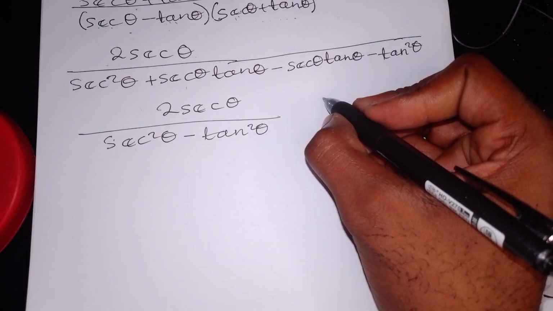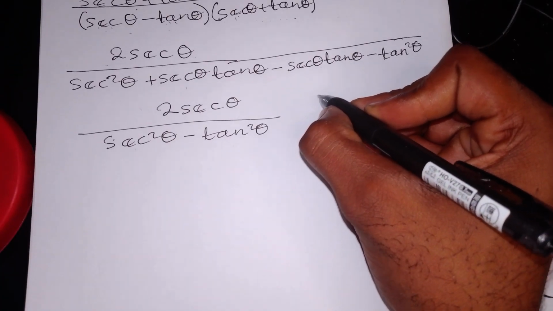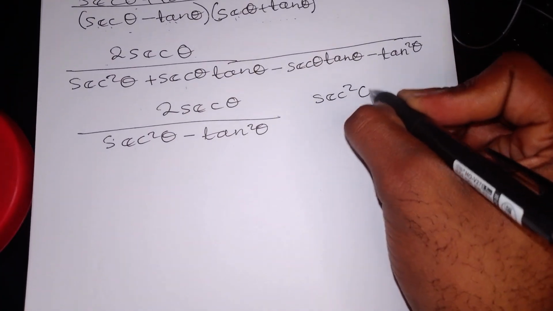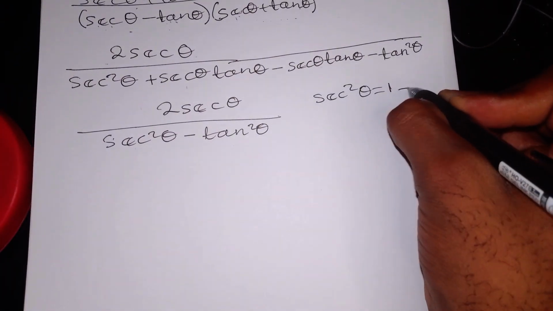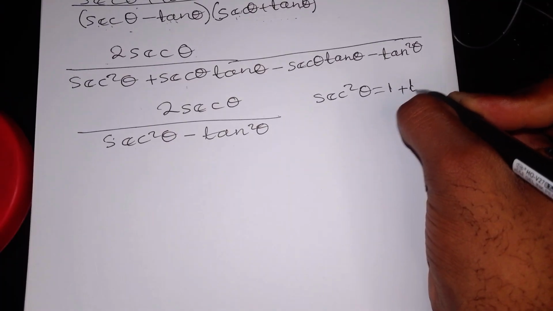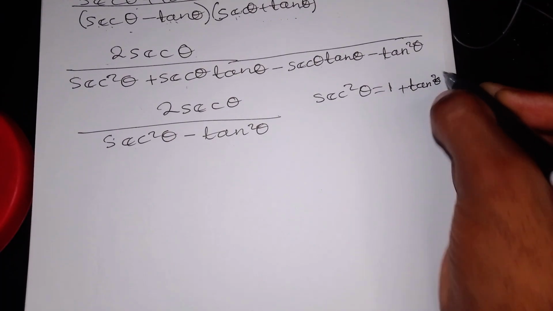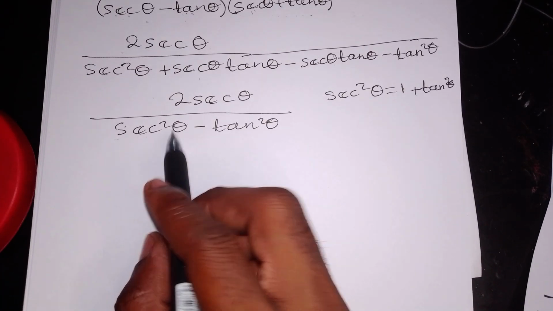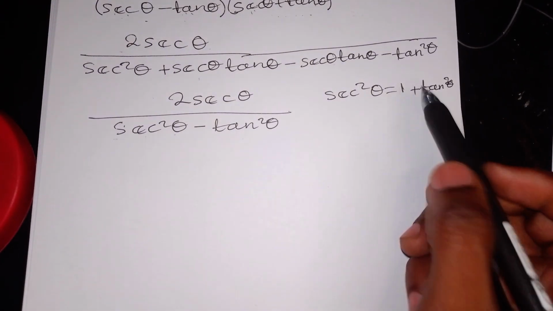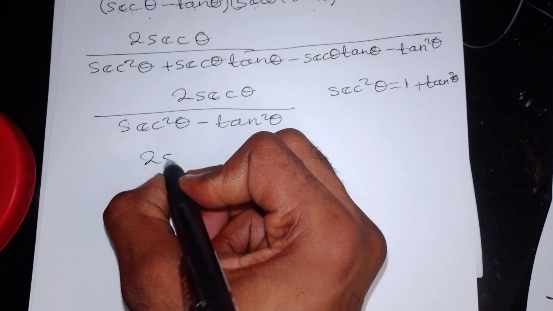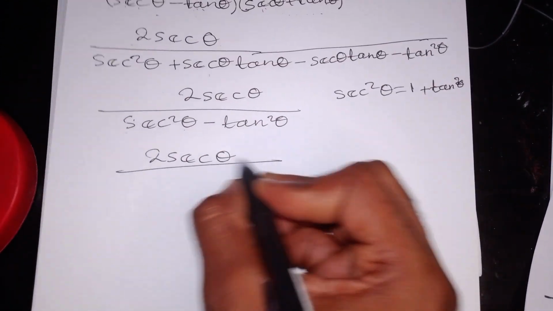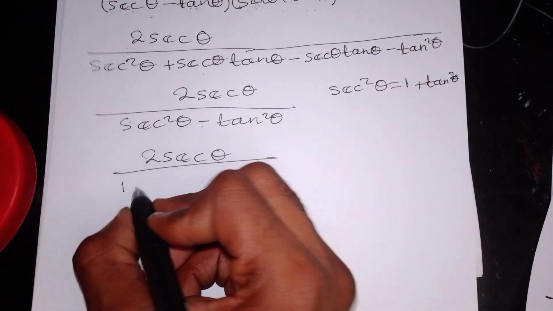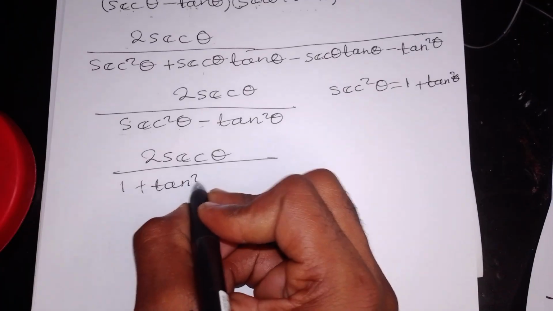Remember this identity from the cover page. This is sec squared theta is equal to 1 plus tan squared theta. So I can just replace my sec squared with this. So this one will be 2 sec theta over 1 plus tan squared theta.